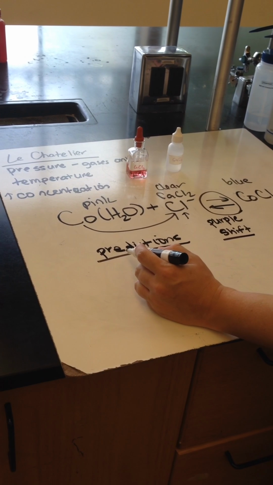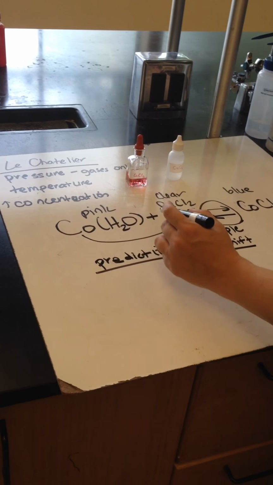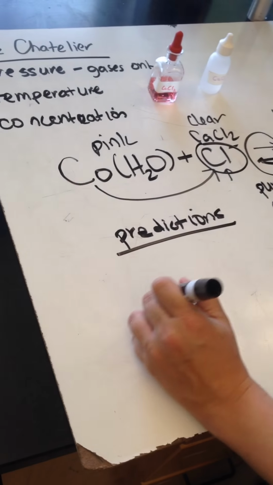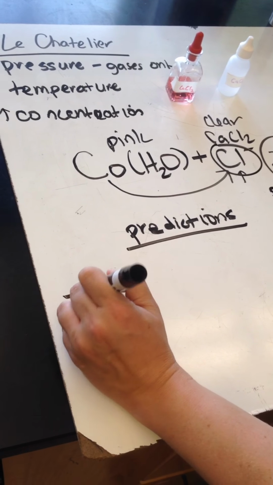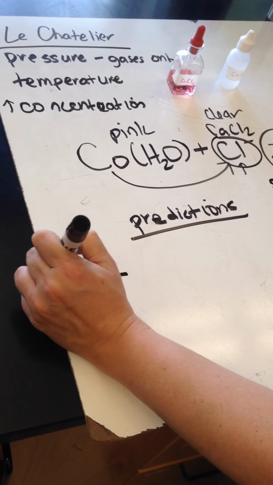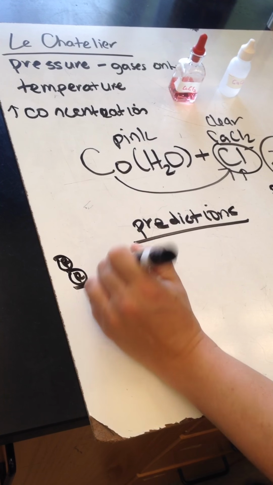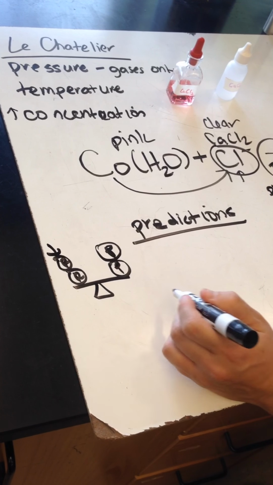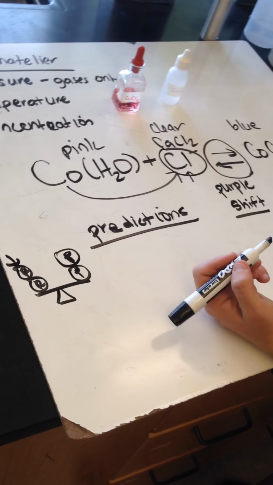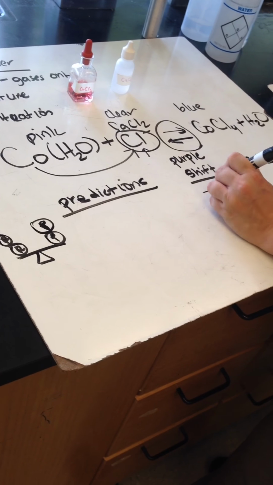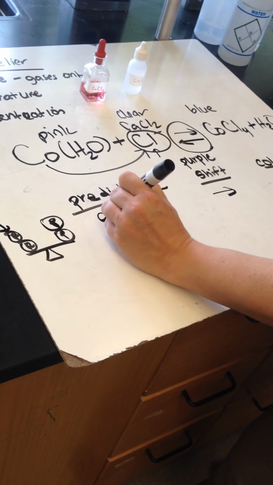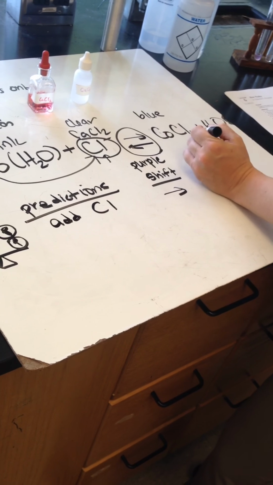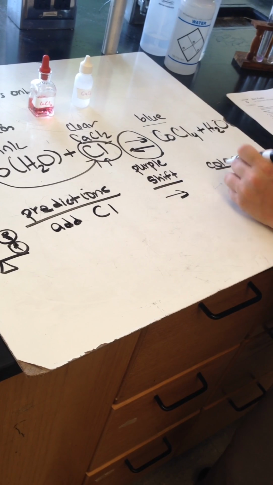All right, so if we add more chlorine, that is like adding more reactant. If we add more reactant, the system is going to try and make more product. So it should shift this way, and we should see a color change. If it shifts this way, we should see that blue color.